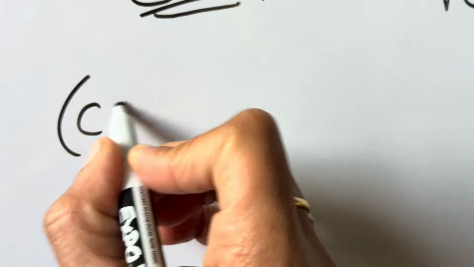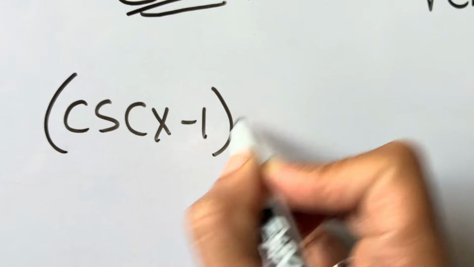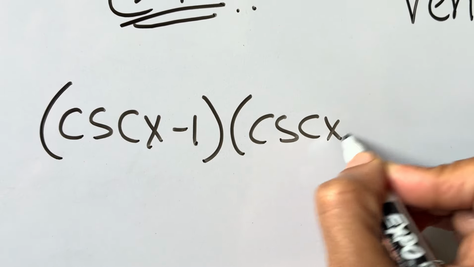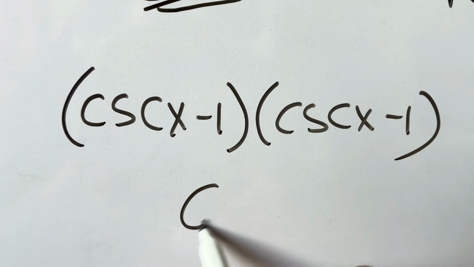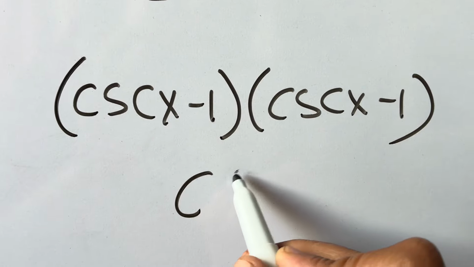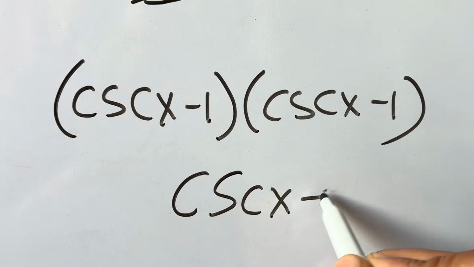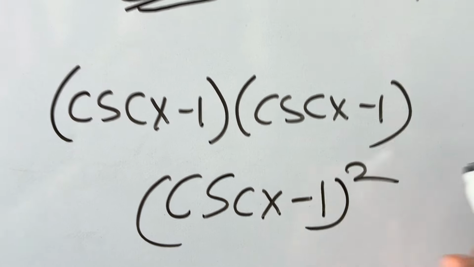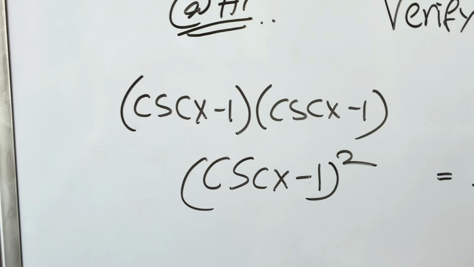So let's take cosecant x minus 1 and multiply it with cosecant x minus 1, just like 2 multiplied by 2 is 2 square. So cosecant x minus 1 times cosecant x minus 1 is nothing but cosecant x minus 1 whole square.